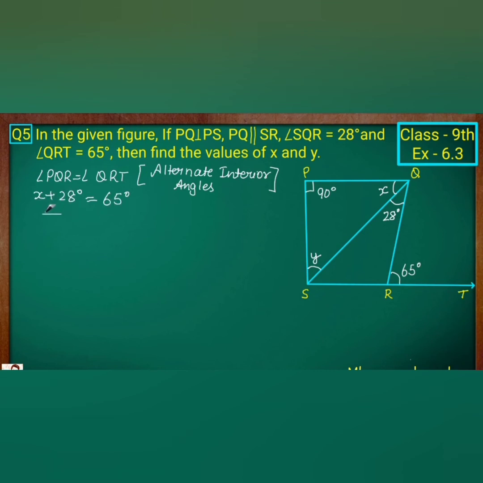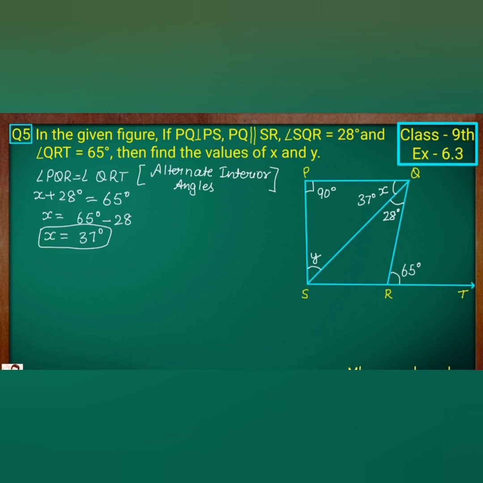So x equal to 65 degree minus 28 degree. Okay. So x equal to 65 degree minus 28 degree, just subtract it, equal to 37 degree. That's it. So the x value gets over. Now just mention that value in the given figure.